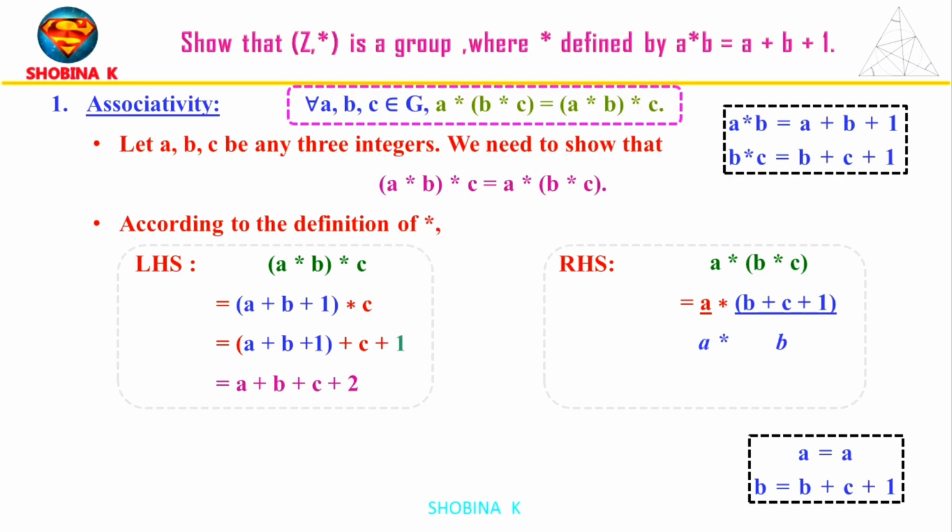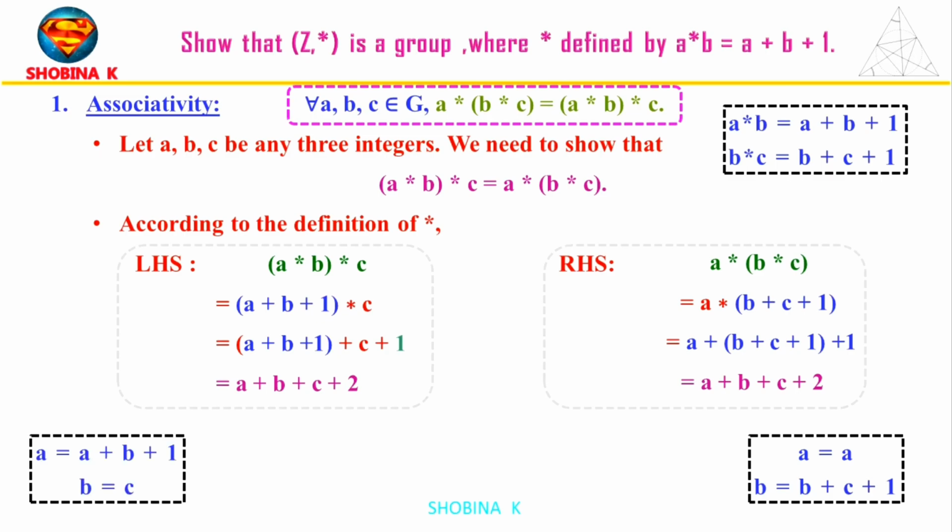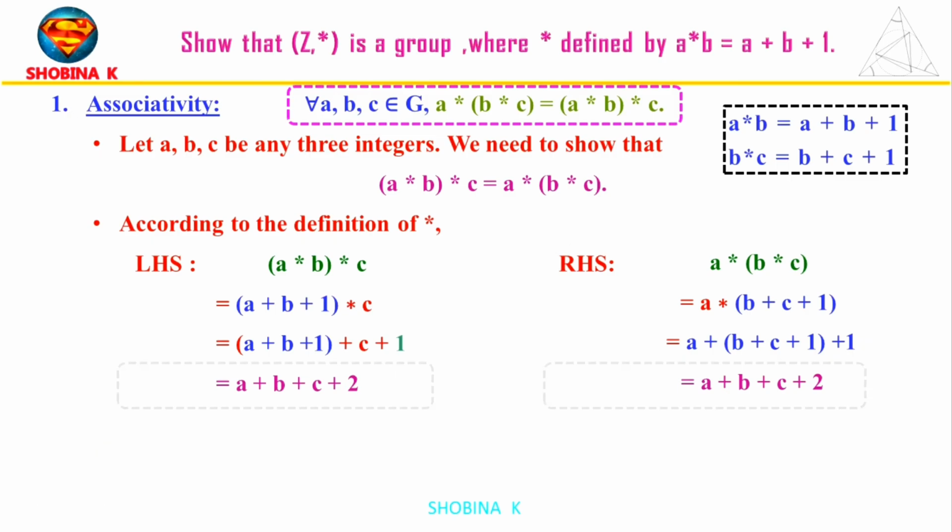So we rewrite the expression as a + b + c + 1 + 1. And finally we simply combine the terms so that we get a + b + c + 2. Since both expressions give a + b + c + 2, the associativity property is met.